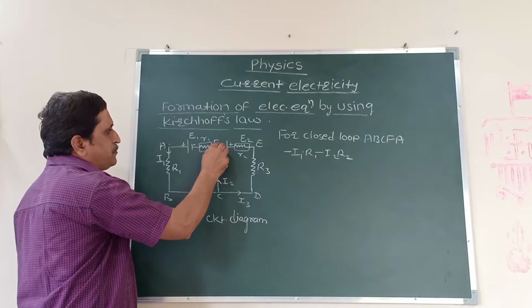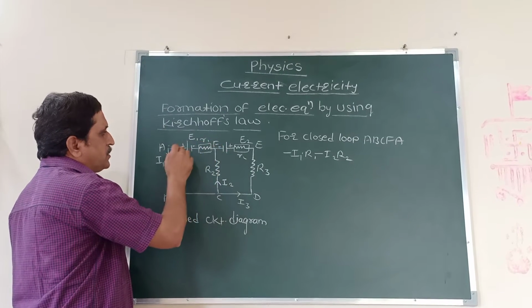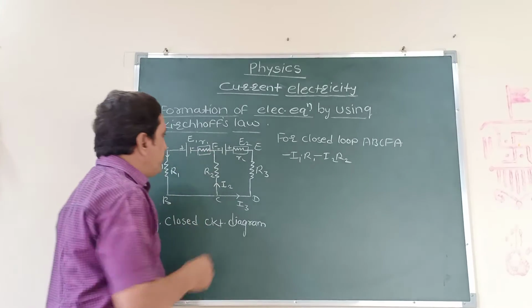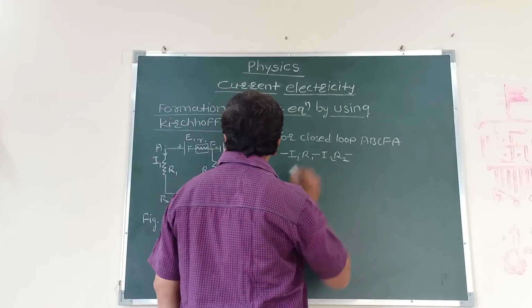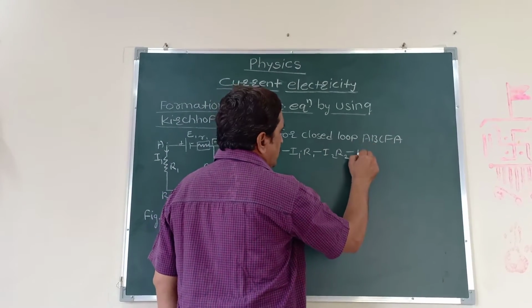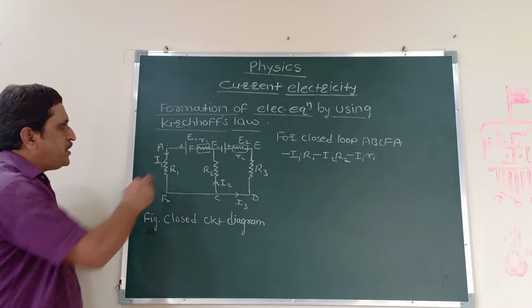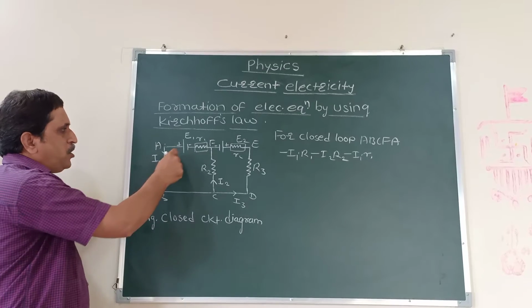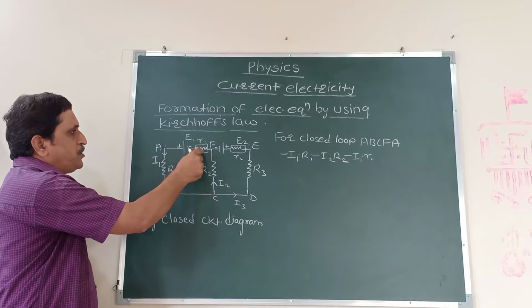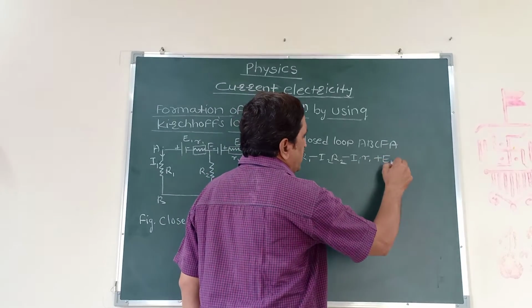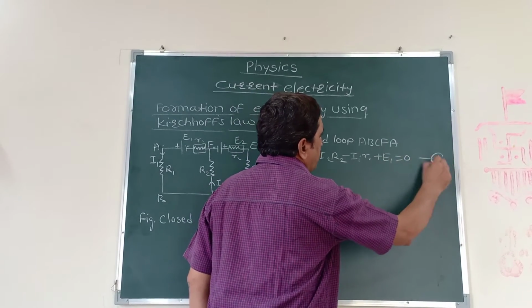But at this point again the current comes together, that means I1 flows through this path. Therefore for this path we can write minus I1 into R1. And here the EMF of this cell is positive. Why? Because this cell sends the current in the direction in which the loop is being traced. Therefore we can write plus E1 is equal to 0. This is equation number 1.